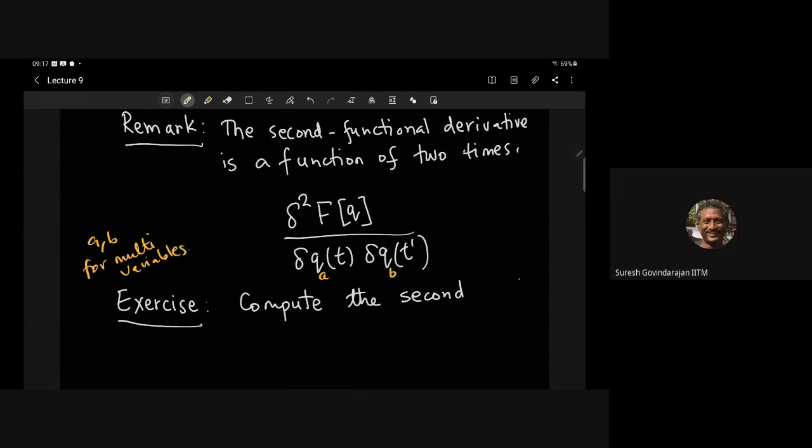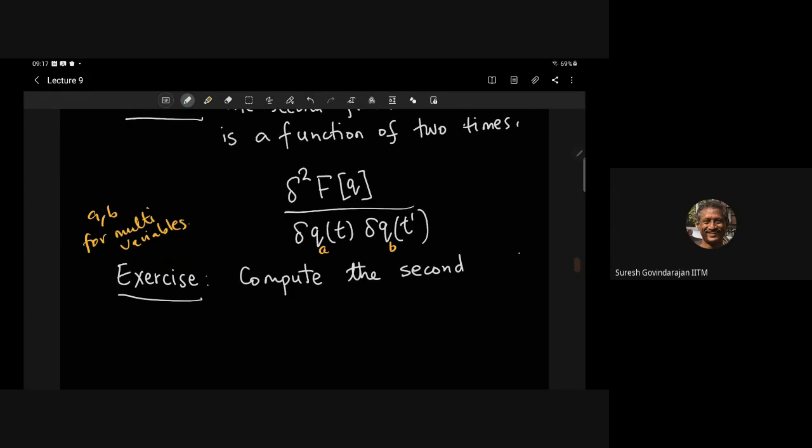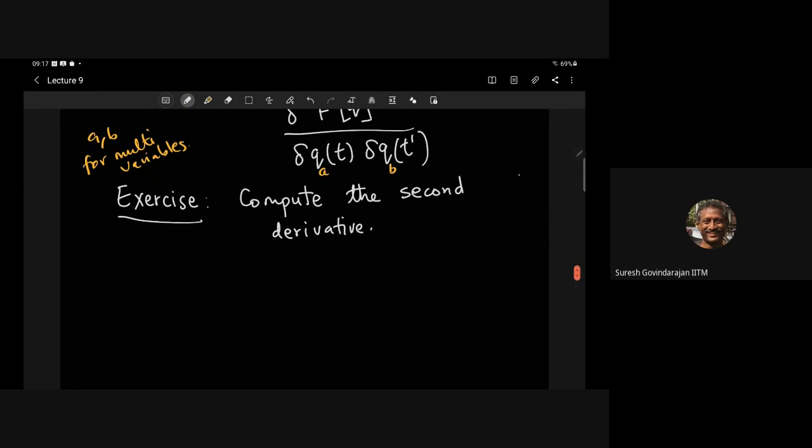So exercise is to compute the second derivative. Let's do one example. So f of q.